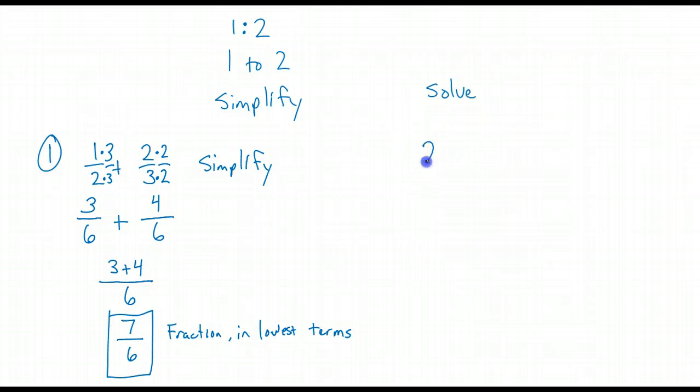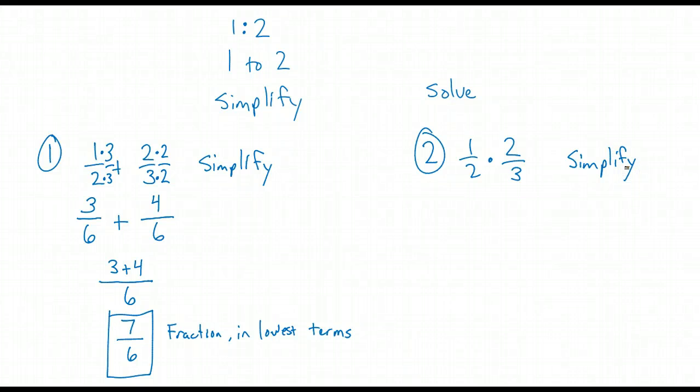Let's look at a second example. 1/2 times 2/3. Again, I don't have an equal sign, so this is not a proportion. I just need to simplify. 1/2 is a fraction, it's a ratio, and 2/3 is a fraction, it's a ratio.